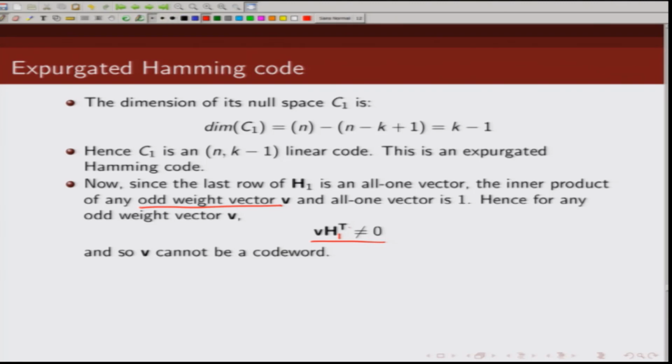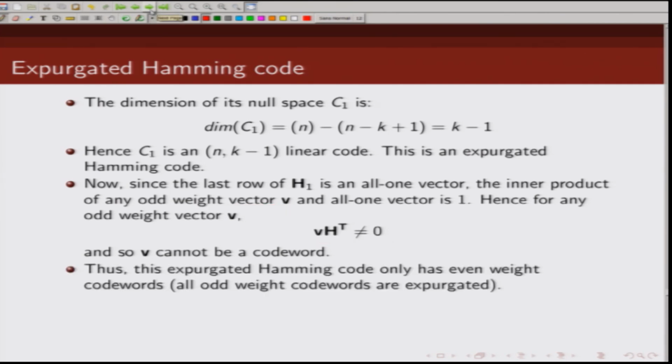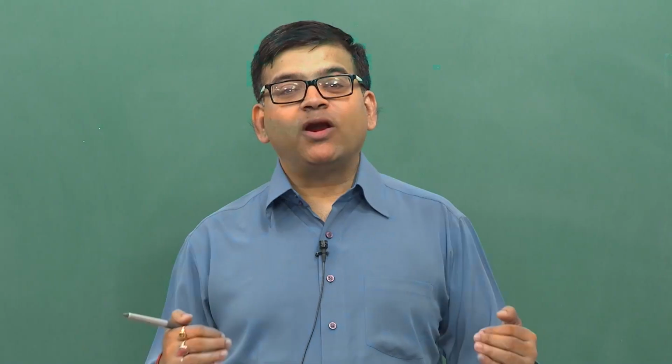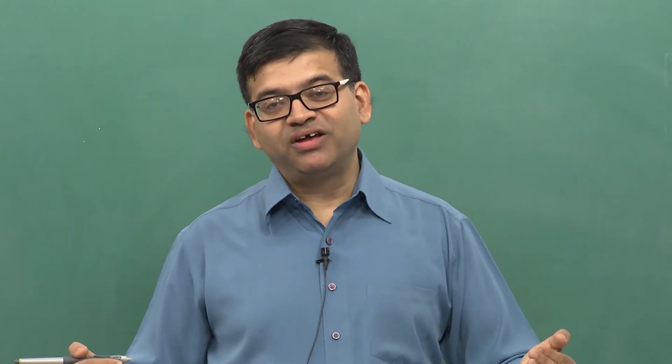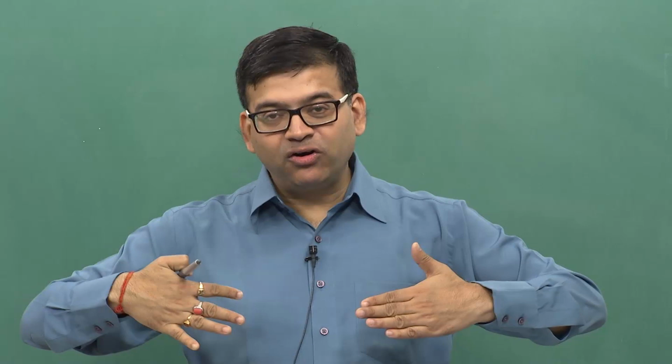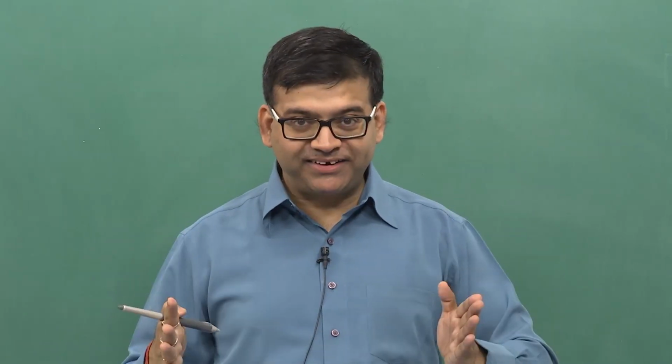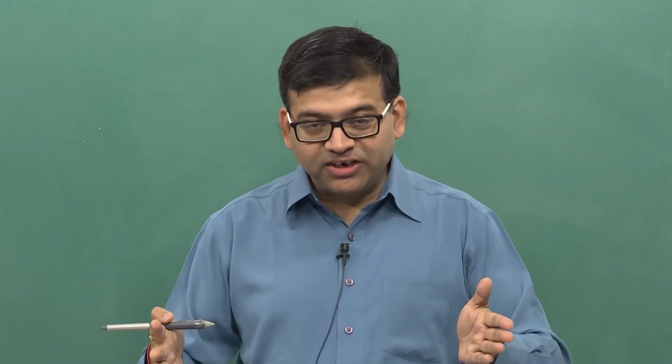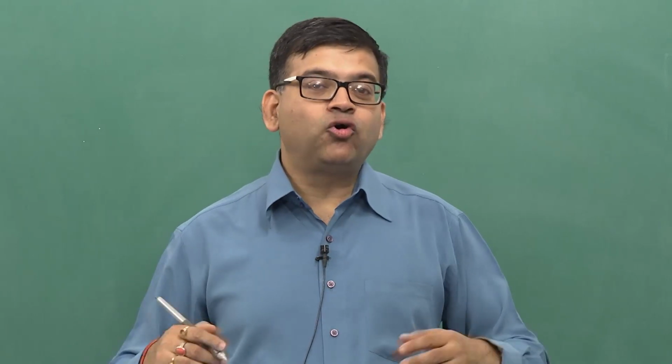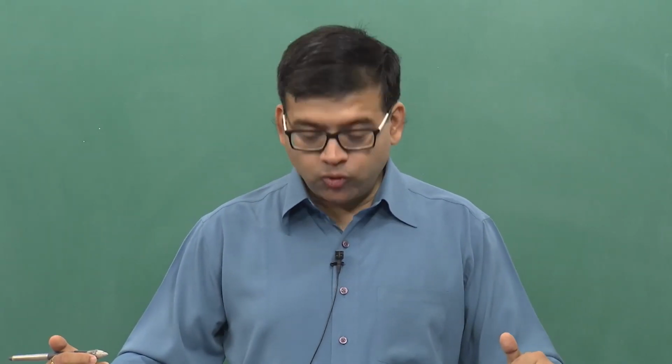So, V H1 transpose cannot be 0 if V has odd weight. So, you can see that this is one way of getting rid of odd weight code words. By adding an additional all one row in the parity check matrix of the original code, we actually got rid of all odd weight code words.